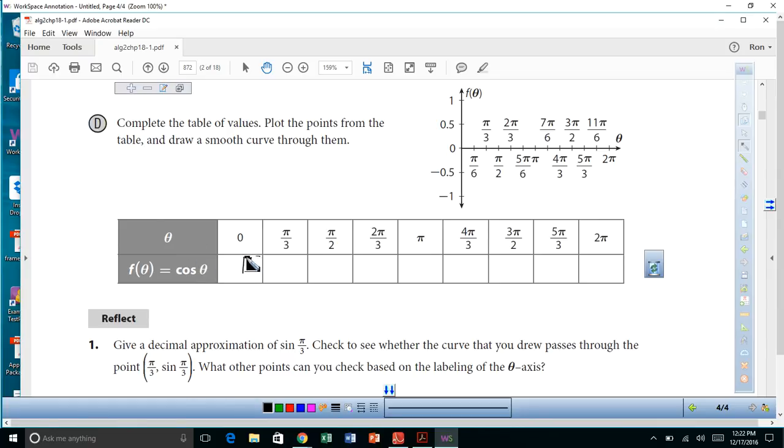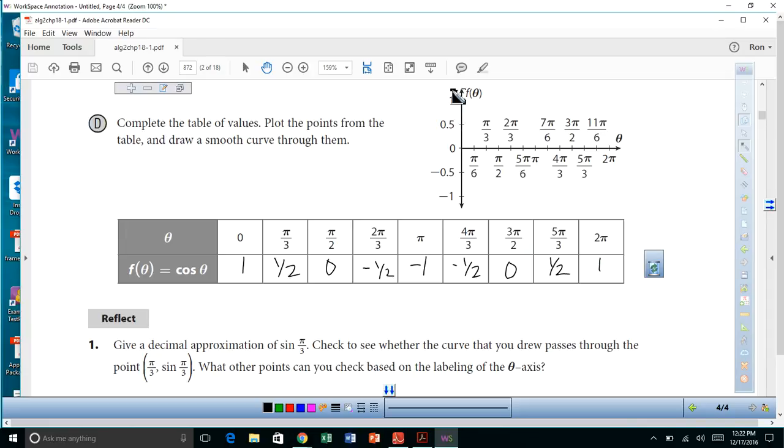So 0 would be 1, pi over 3 would be 1/2, pi over 2 would be 0, 2 pi over 3 is -1/2, pi would be -1, 4 pi over 3 is -1/2, 3 pi over 2 is going to be 0, 5 pi over 3 is going to be 1/2, and 2 pi is going to be 1.